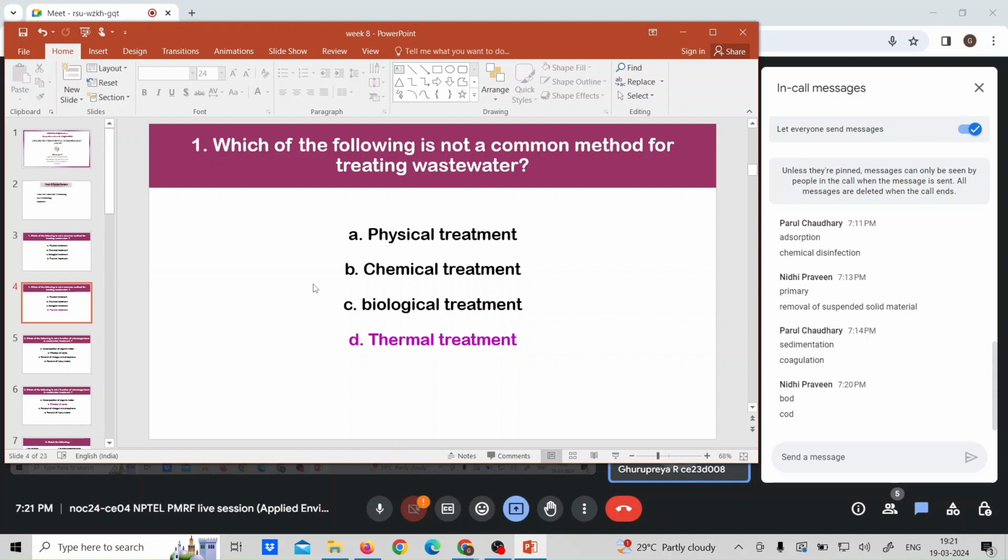You're studying about microbiology, right? So based on that, what parameter will you check? If the BOD and COD is fine, only that's it.